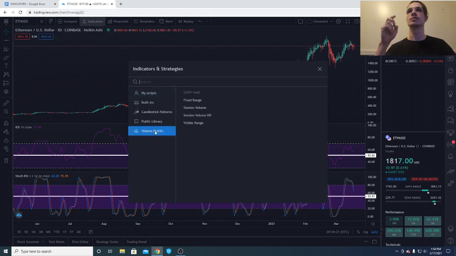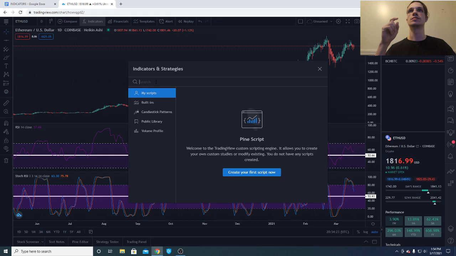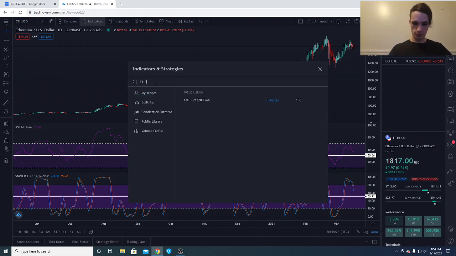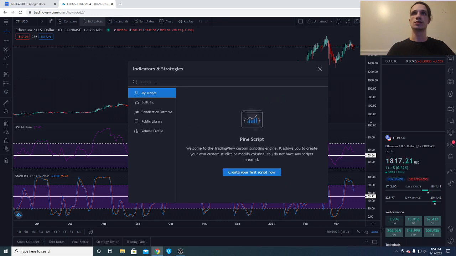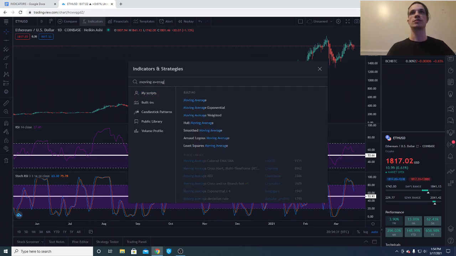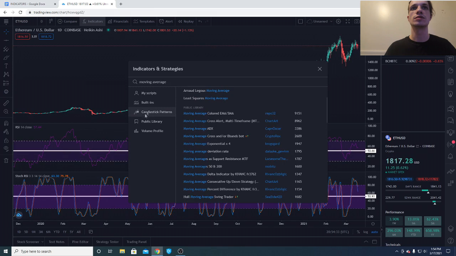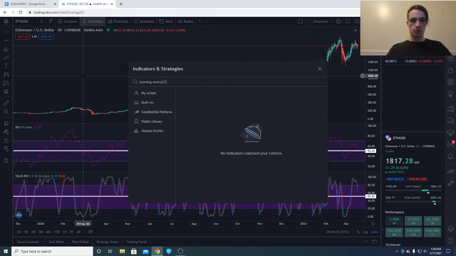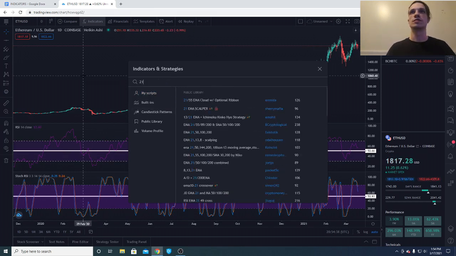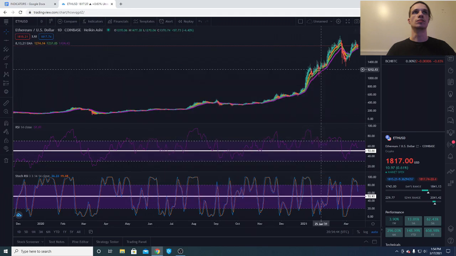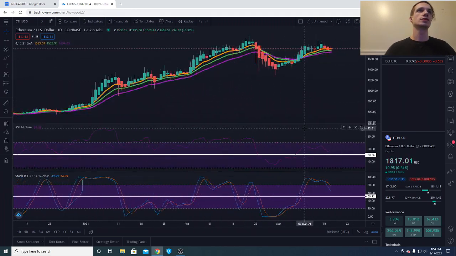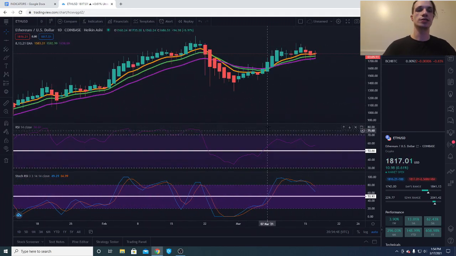You go to indicators, and you just type in moving average. Sometimes you've got to play around with it. 21. Okay, the 8, 13, 21. Boom. Alright, now this will make this strategy even better.